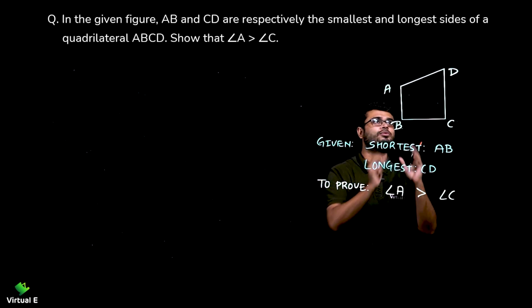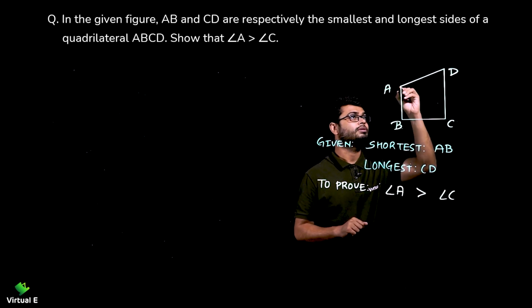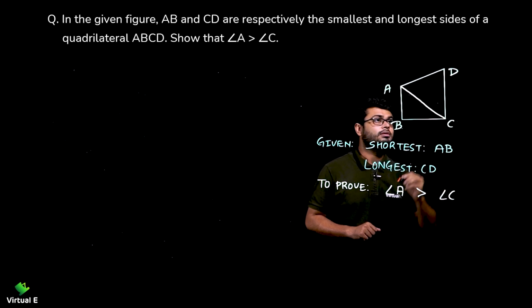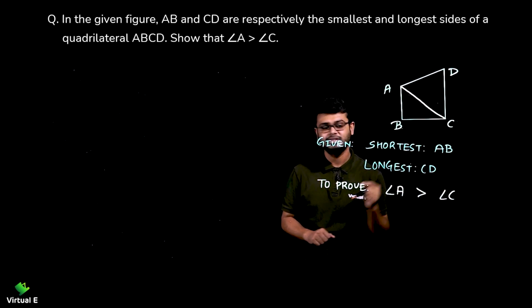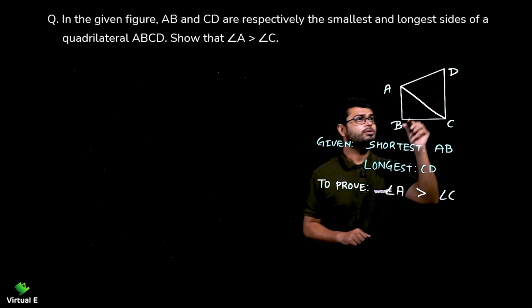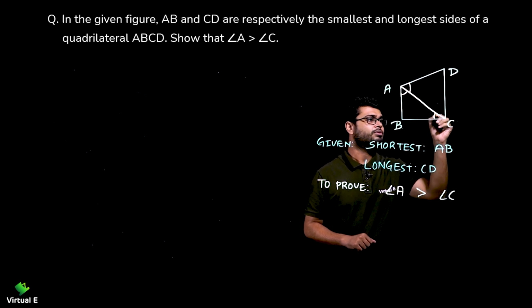So first of all, we are going to divide this quadrilateral into two triangles. Let's start. Let's divide into the two triangles. Done? Now this is the shortest AB and this is the longest CD. Now we need to prove angle A greater than angle C. So for that, I'm going to give names to these angles.